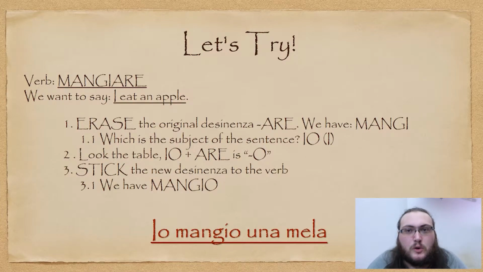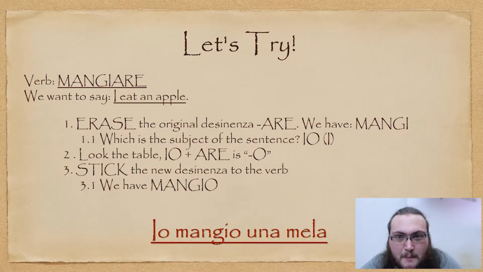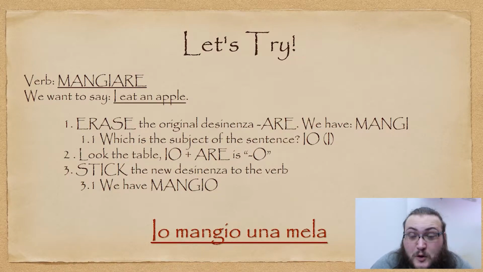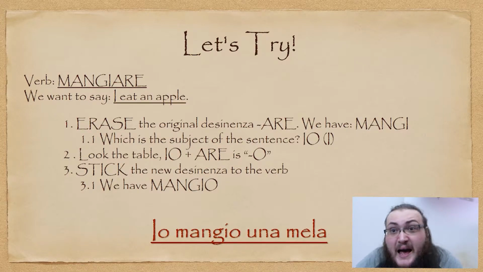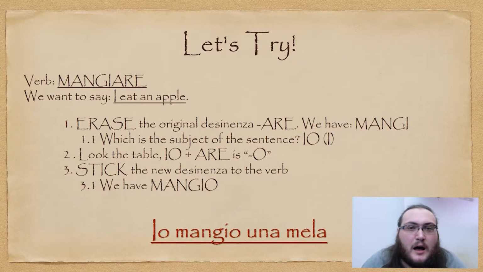Okay? So, io mangiare una mela is wrong, because mangiare is a base form. It's like if in English you say I to eat an apple, or I eating an apple. I am eating an apple is fine, but I eating or I to eat an apple, it's horrible, okay? The same here, so io mangio una mela.